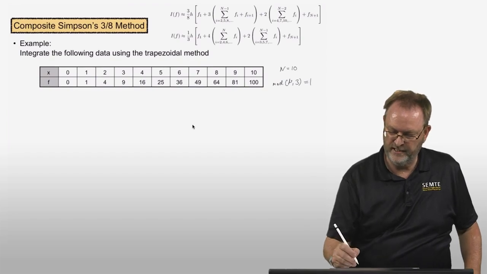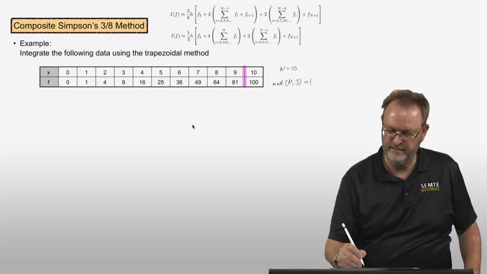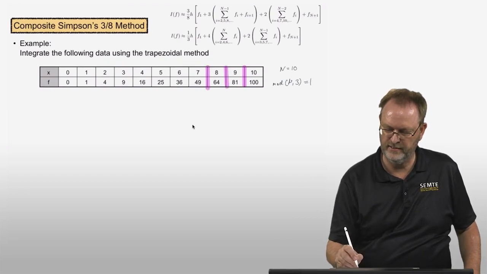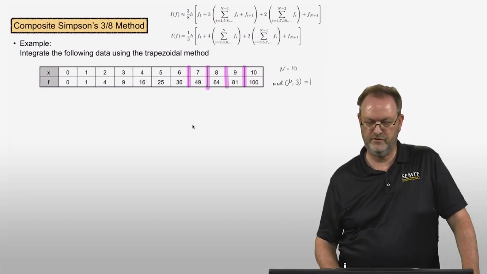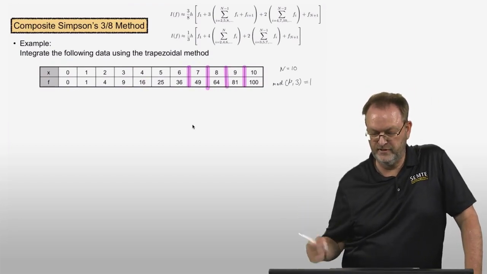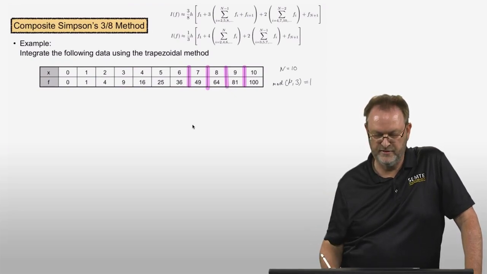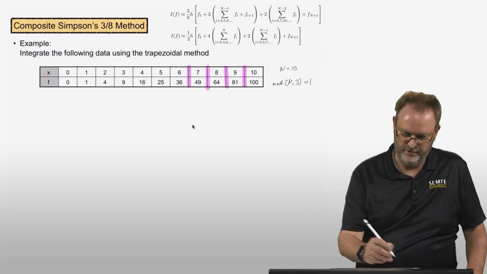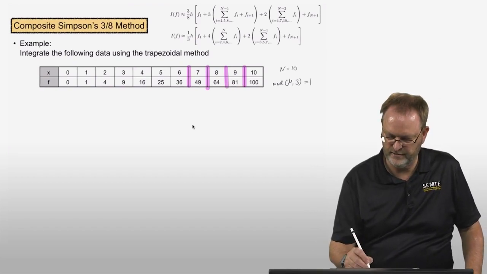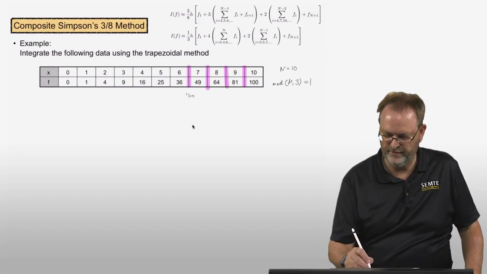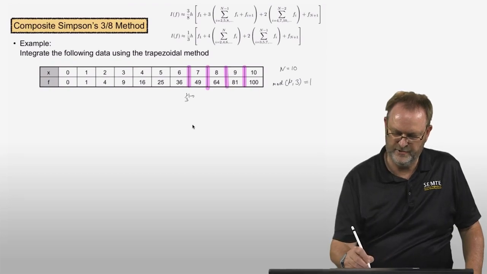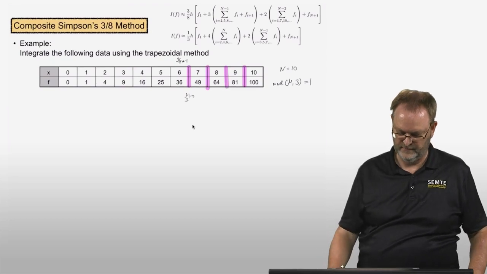So let me mark in here the last 4 subintervals. So that's 1, 2, 3, all the way to here. So those would be 4 subintervals. They have to be done with Simpson's 1/3. So from here on out, I'm going to do the 1/3 method. And up to here, I'm going to do the 3/8 method.